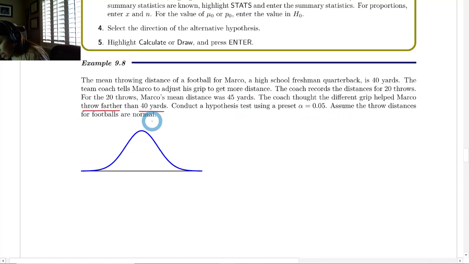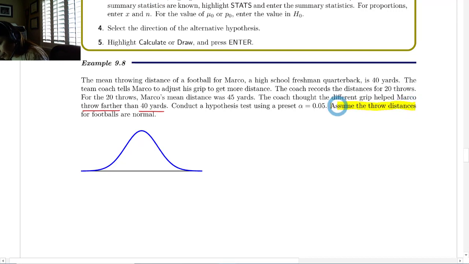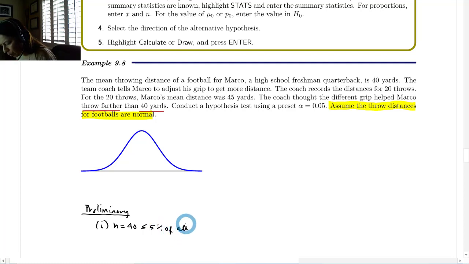Ooh, so that's a huge thing. If I go over here to preliminary, the first thing we need to make sure is that the sample size, 40, is no more than 5% of all. What would the population be here? Football players? Quarterbacks? What does the 40 represent? 40 yards.